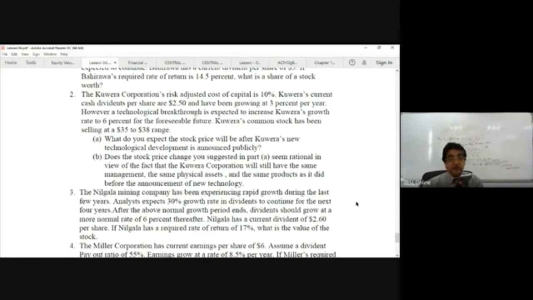K is 10%, 250 is the D0, and D0 250 into 3%. 250 into 1.03 divided by K minus g, 0.1 minus 0.03.